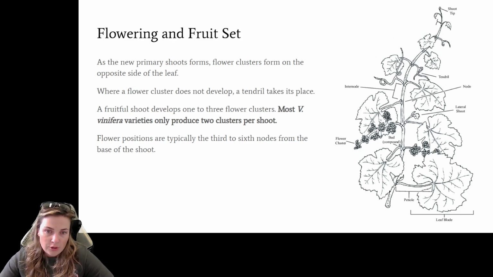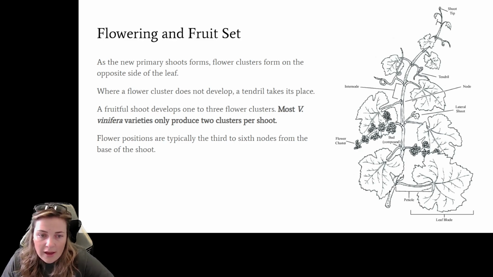Well, every shoot for Vitis vinifera produces 2 clusters. So you could actually estimate how many clusters and then the tonnage of your vineyard every year, or what you're trying to shoot for, right? Based off of that math. So it does pretty well, honestly. If you have the dimensions of your vineyard down, you could do it.